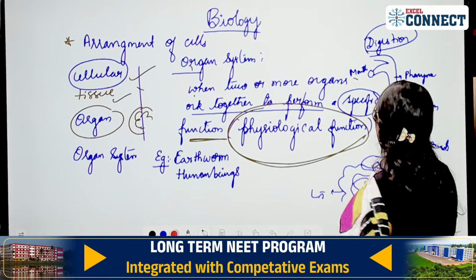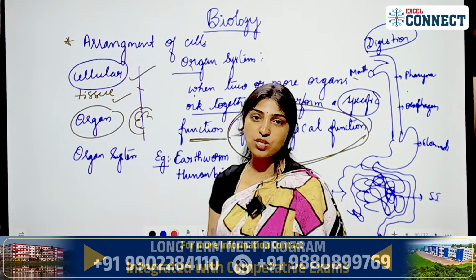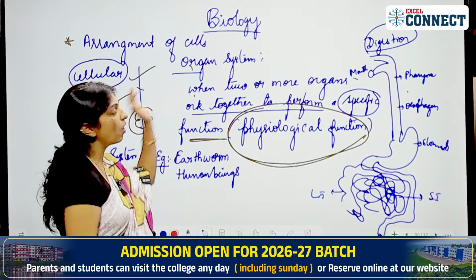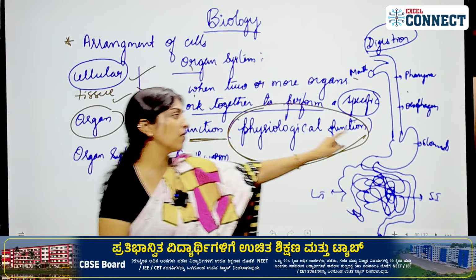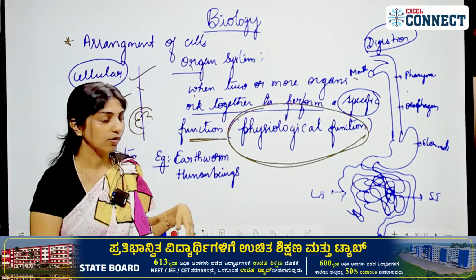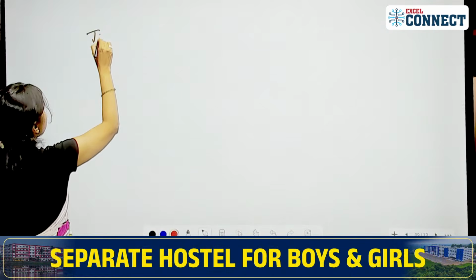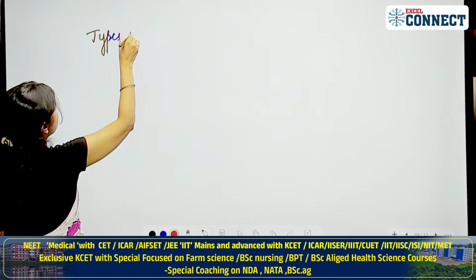Now, I have given the example of a digestive system under organ system. Whether all the animals coming under organ system have one type of digestive system or many, based on the types of a digestive system.